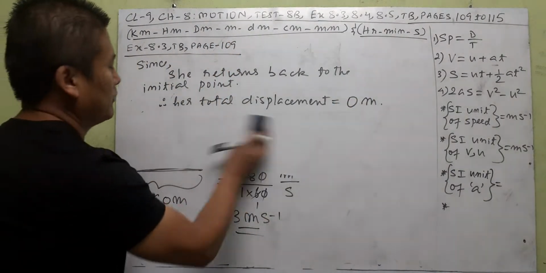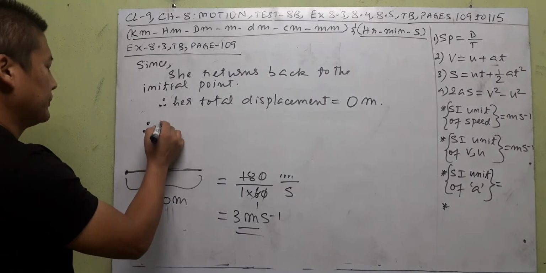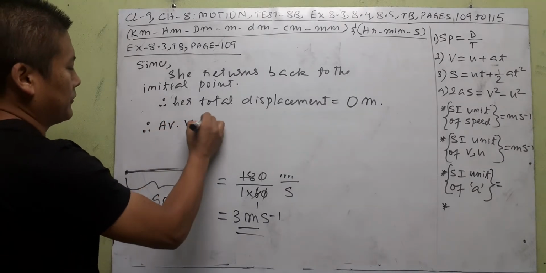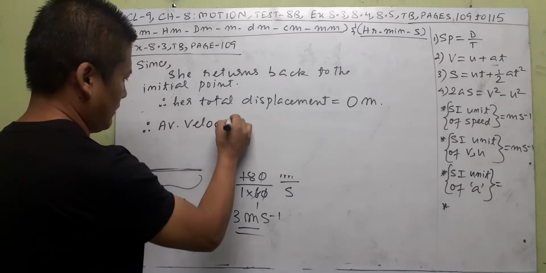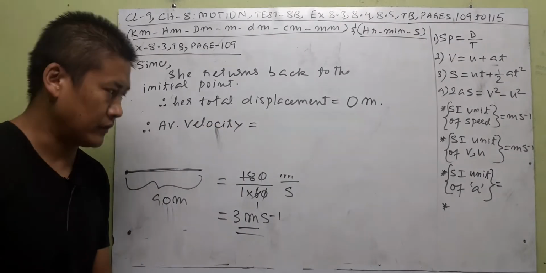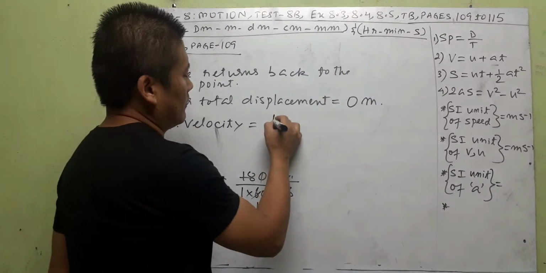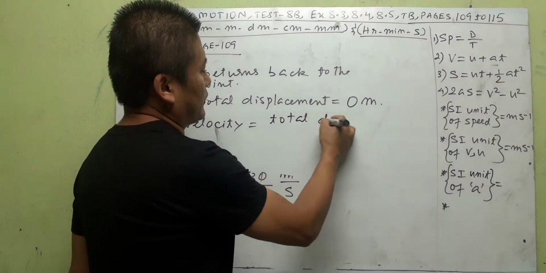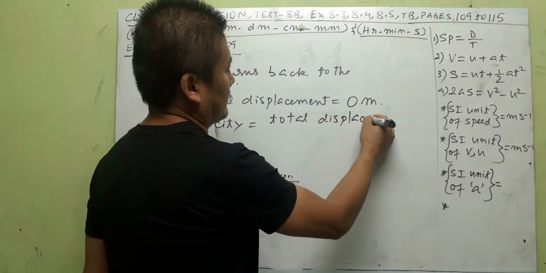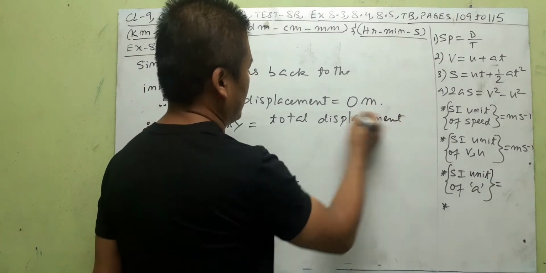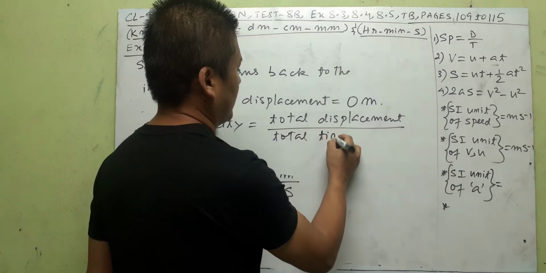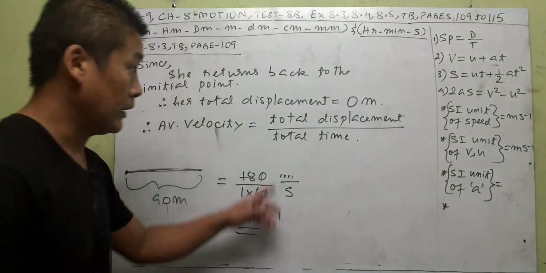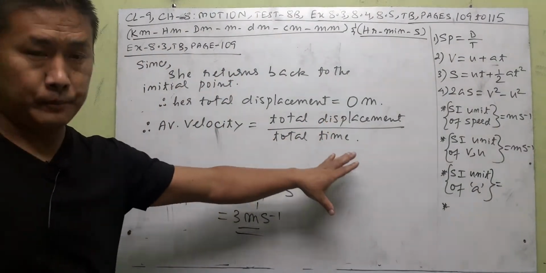So we can write now, therefore, average velocity of Usha, her average velocity will be equal to, the formula we know, total displacement divided by the total time taken. So here, total displacement by total time, right?